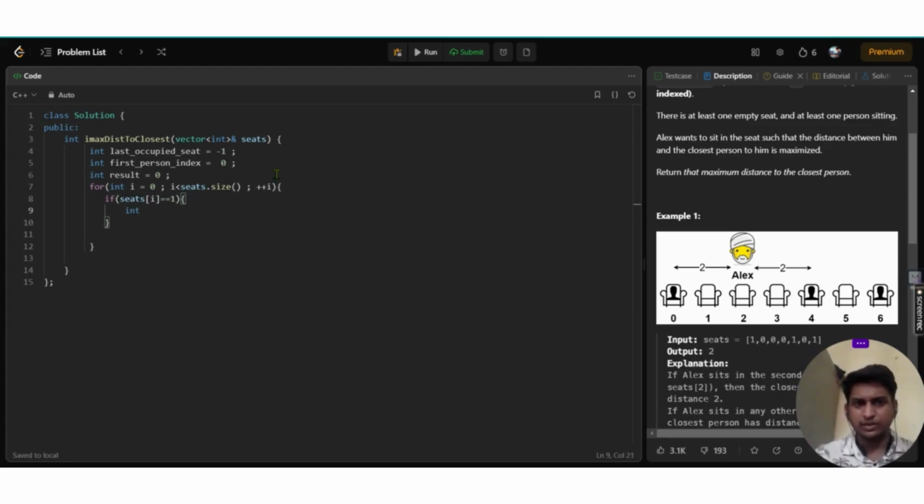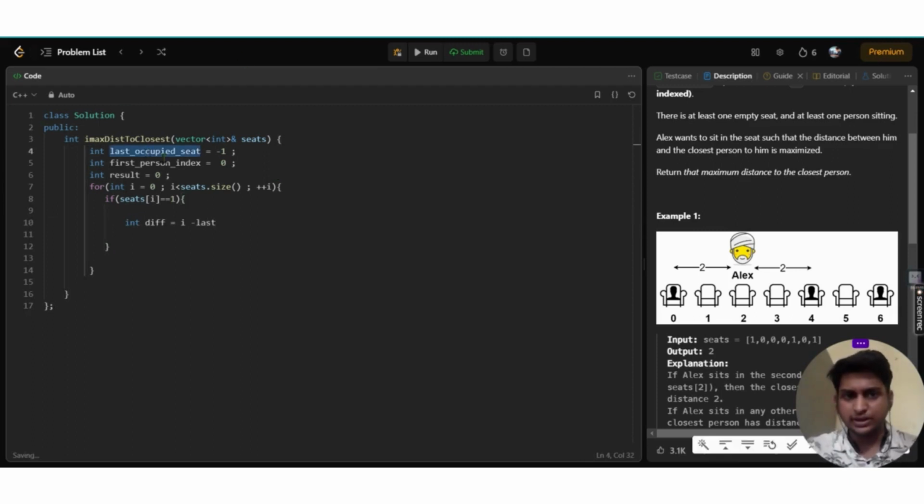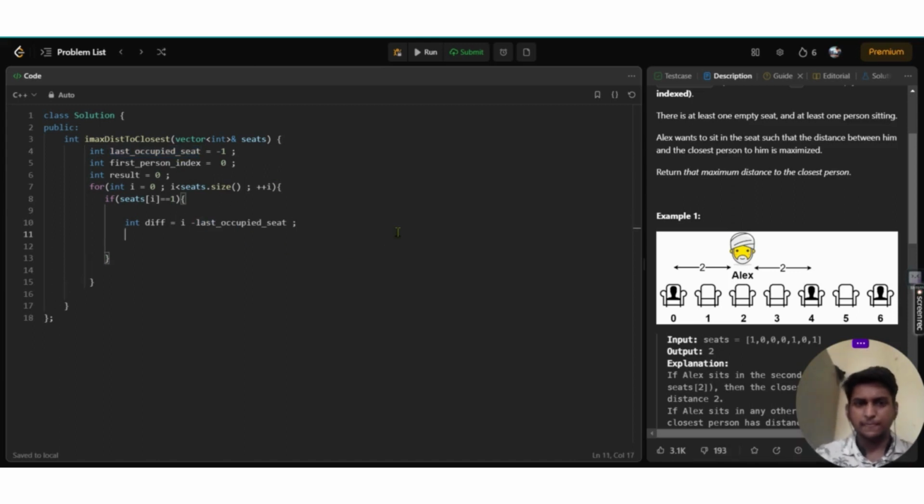What we have to do exactly is include the difference of the current index, which is i, and the last occupied index, the last occupied seat, you can say, and then we have to make it half.